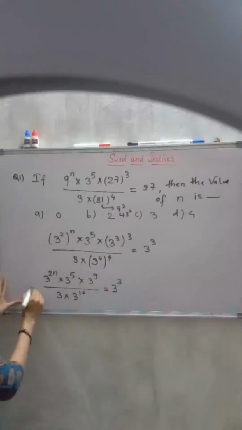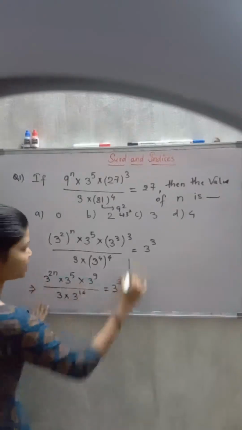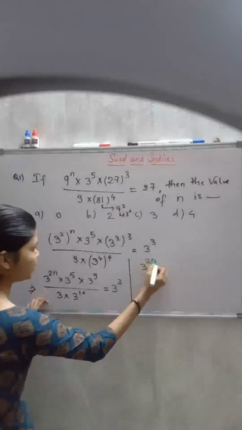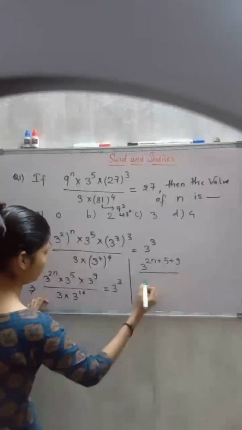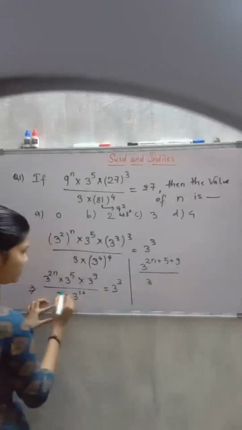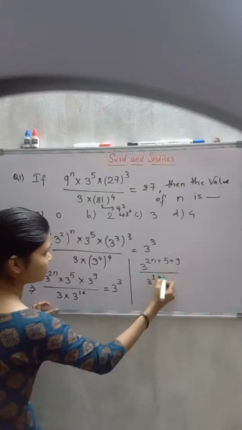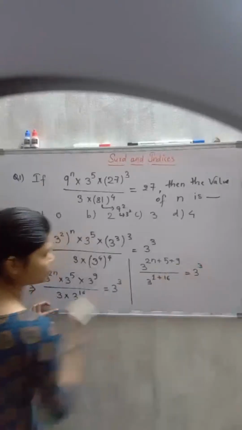Now here the base is same, so we can add the powers. So we will get 3 to the power 2n plus 5 plus 9 by 3 to the power, here power is not mentioned, so power will be 1, plus 16 equal to 3 cube.